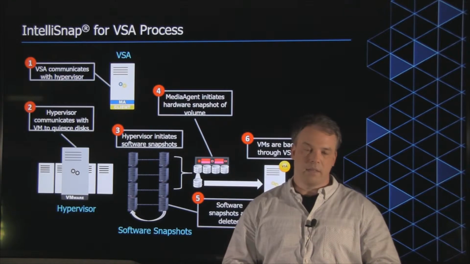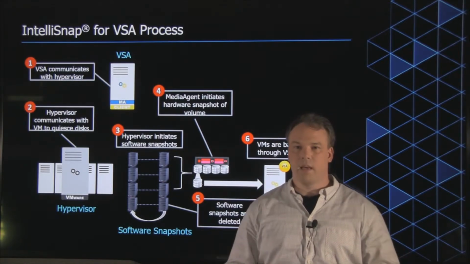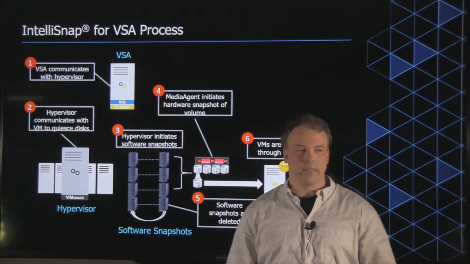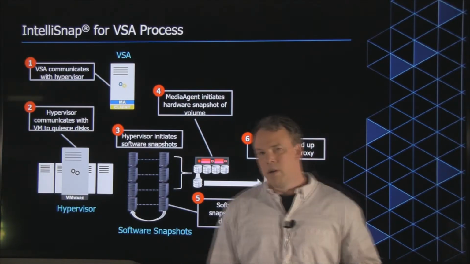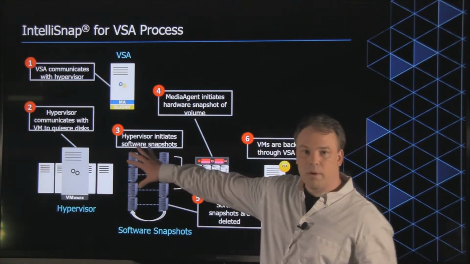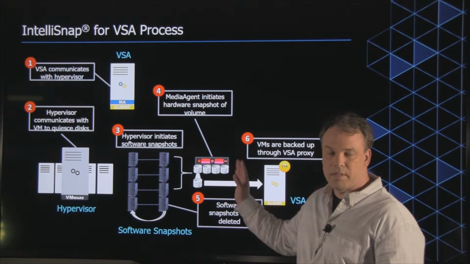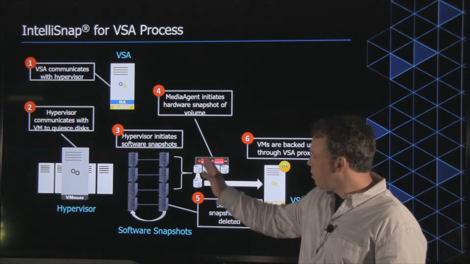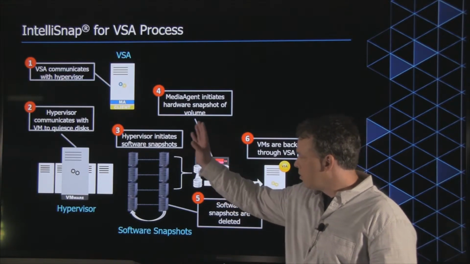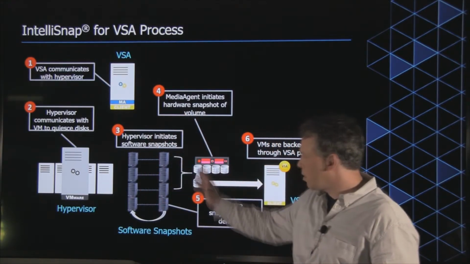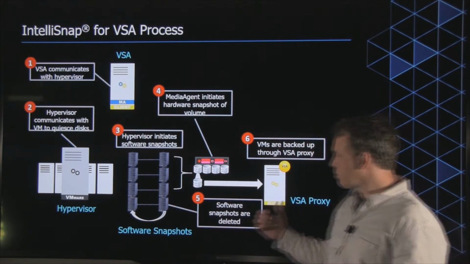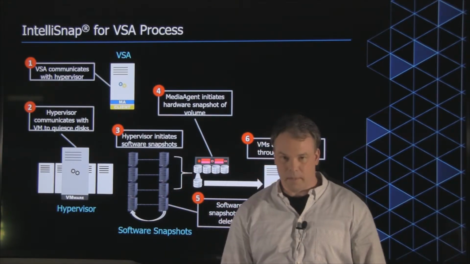Bad environment is the administrators throw stuff wherever they feel like it, and they don't care. And when the Commvault administrator says, hey, we got to do it this way, they say, we don't care. All right? So in the good environment, we could take all the VMs that we want to do hardware snapshots for, put them in specific data stores, and then we could set up our subclients to the data stores. So this way, VSS, software snapshot, hardware snapshot, release software snapshot, and then we could back them up through the proxy.